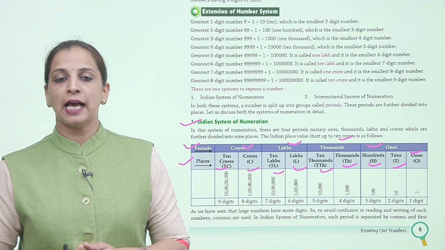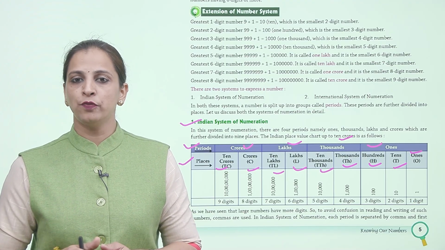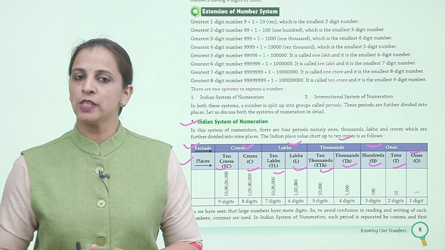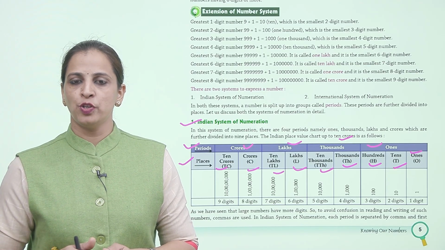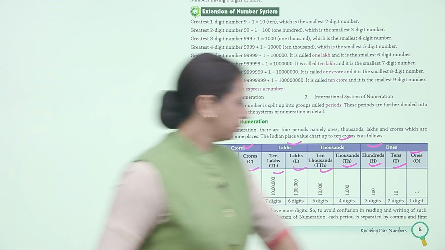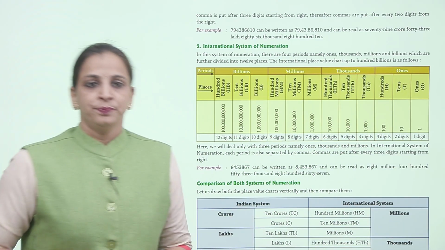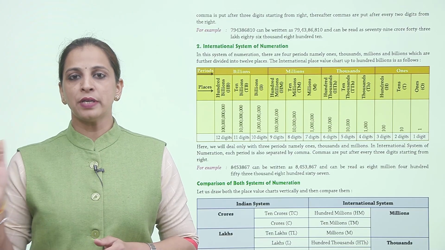As we have seen, large numbers have more digits. So, to avoid confusion in reading and writing of such numbers, commas are used. In the Indian system of numeration, each period is separated by a comma and the first comma is put after 3 digits starting from the right.